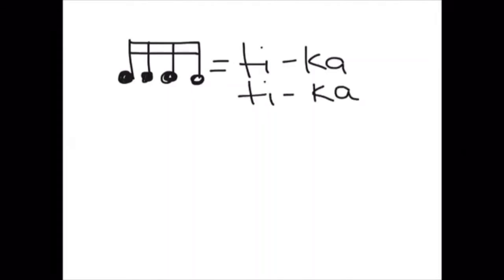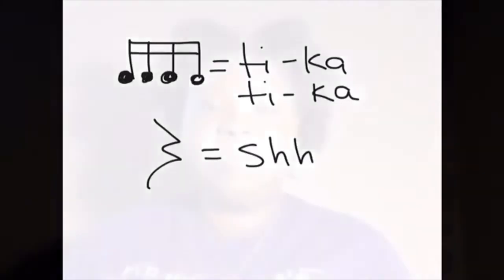And then music also has silences, and we use symbols called rests to help us add those silences into our music. Today, we're going to use the quarter rest, which we also say shh to remind us to be quiet, or you could simply pause when you see the quarter rest.